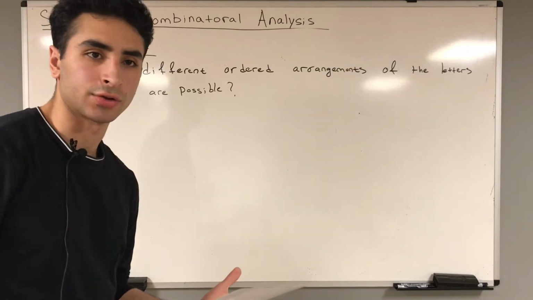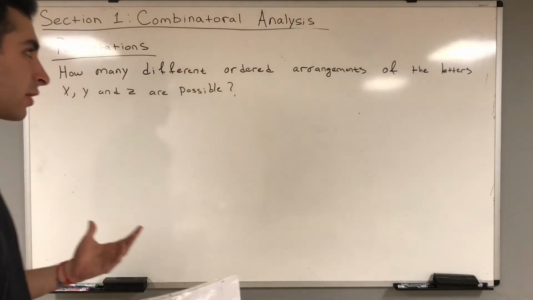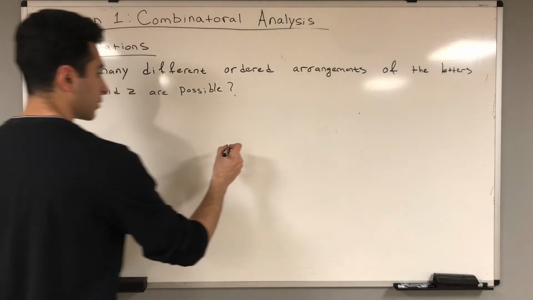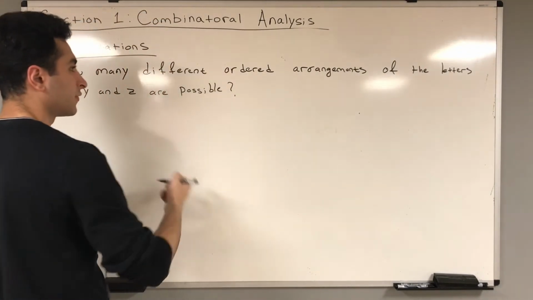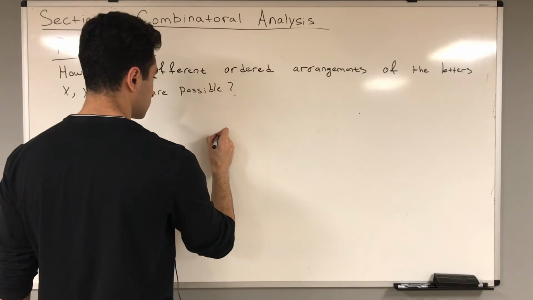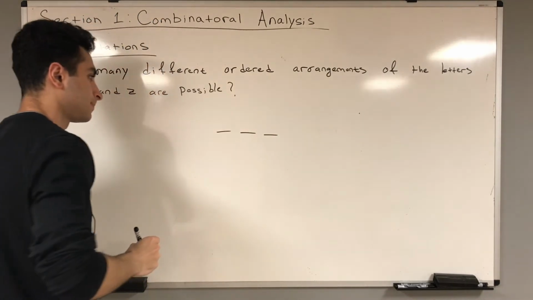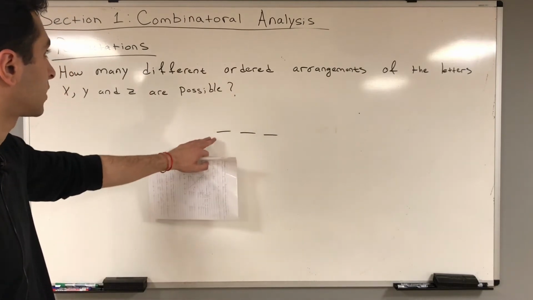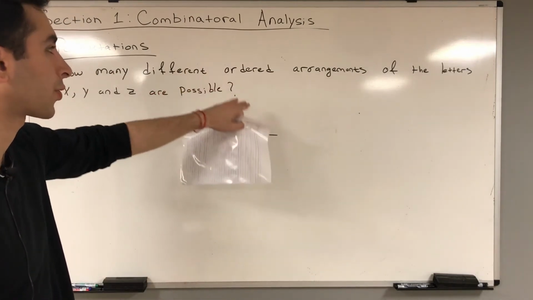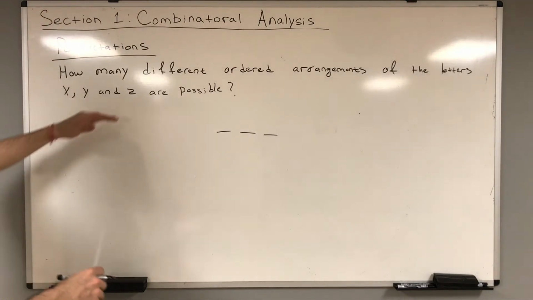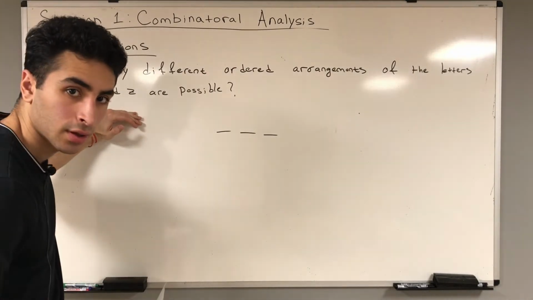So we already know how to do this using the basic principle of counting, right? All you would do is, well, let's think about the license plates example. We have 3 different letters. 1, 2, 3. And we want to know how many different ordered arrangements of the letters are possible, right? So we have only 3 letters to choose from.